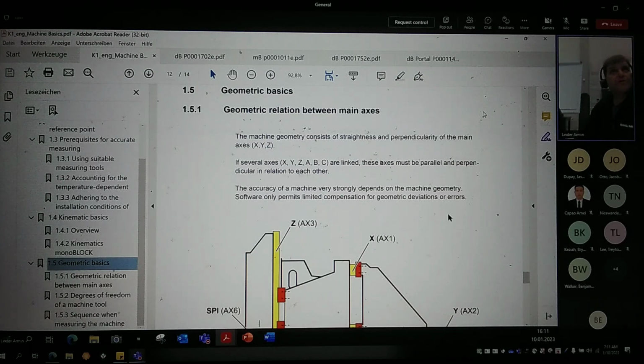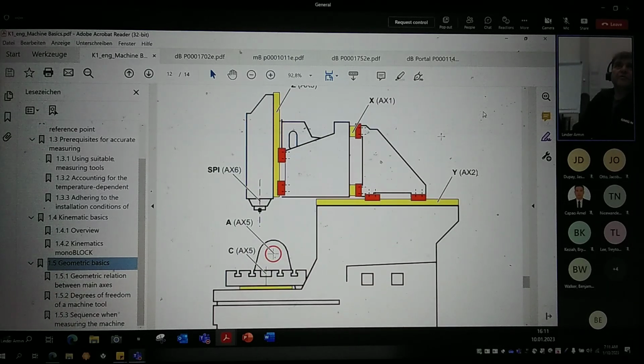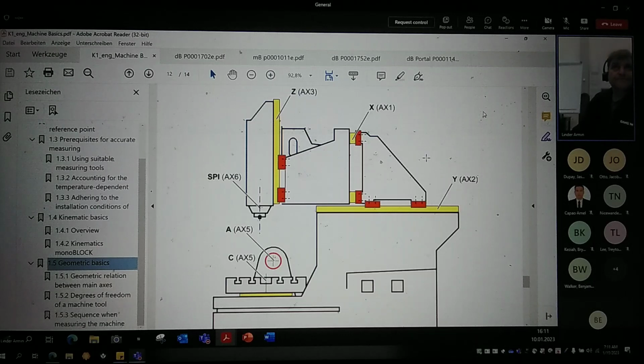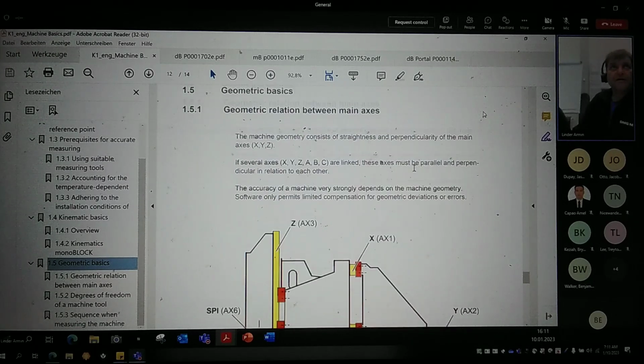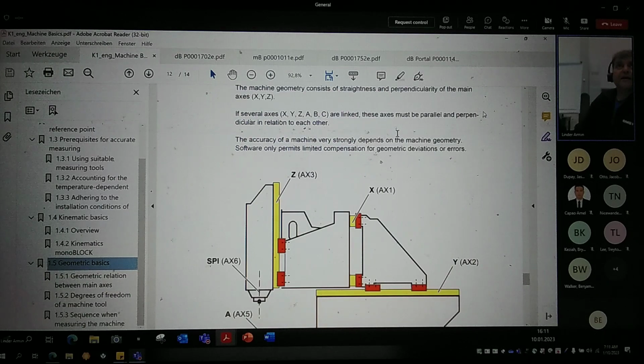So we will continue in that sheet. This is the PDF. For example, we see here now a monoblock machine, and that's geometric basic, or the relation between the main axes.